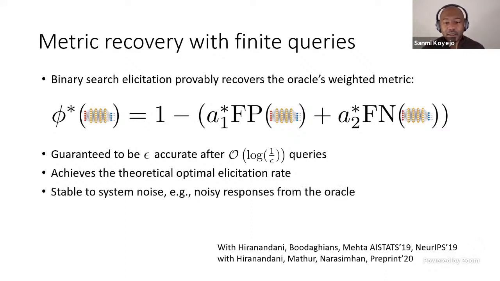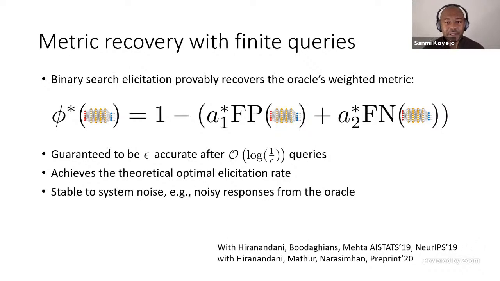We have done additional work, and I'll refer you to some of the papers, looking at various kinds of noise in the process and how we can model and mitigate it. For instance, in most of our papers, we have a noise model where the oracle gives correct responses if you're comparing classifiers that are very different from each other, and if you're comparing classifiers that are very similar, there's some chance that the oracle gives you incorrect responses.